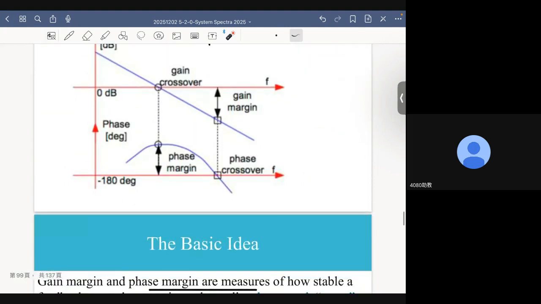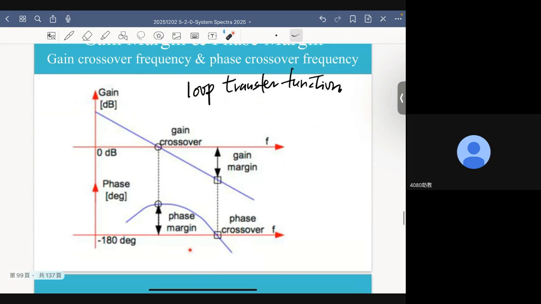The next thing I need to do to determine phase margin is find out how far away this point is from minus 180 degrees. The difference is what we call the phase margin. So that's the definition of phase margin.